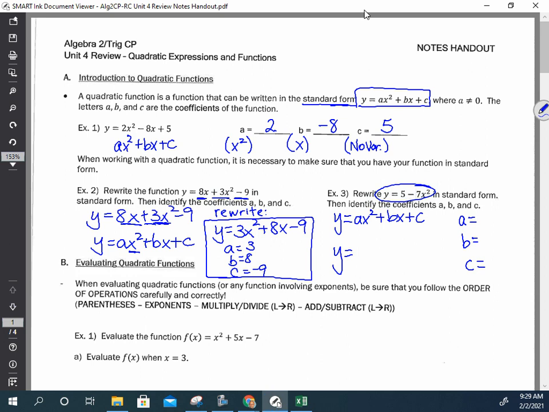You're looking at example 2. We're on example 3. X squared. Remember, x squared comes first. And then plus 5. That's the only thing that's left. So negative 7x squared plus 5.